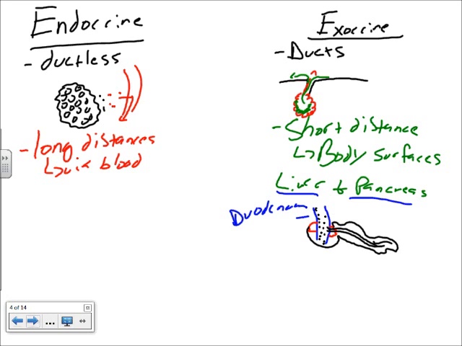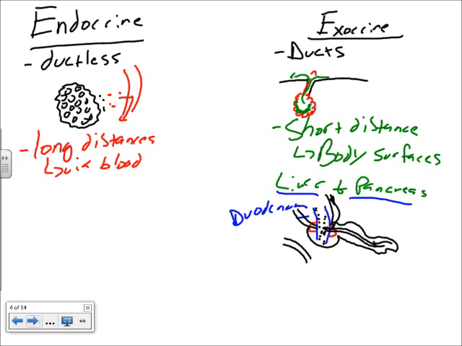Same thing with the liver itself. Part of the bile ducts originate from the liver, and part of them bulge out from the epithelial lining of the duodenum as well. And then the two meet up, and this particular duct will pass right through the head of the pancreas and open into the duodenum of the small intestine as well.